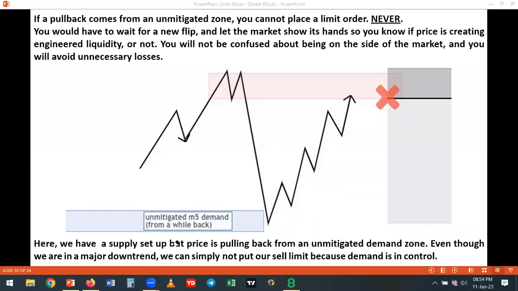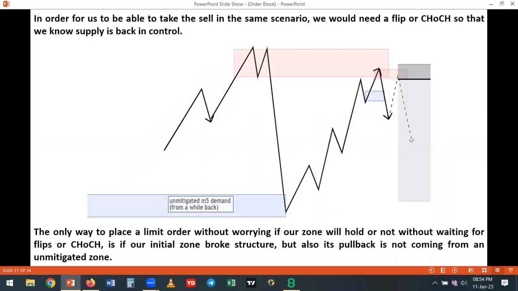You are not selling. The only time you're considering a sell is, look at what happened afterwards. Price came here. You see, there has been a flip here. Now you can sell down. There must be a change in character.